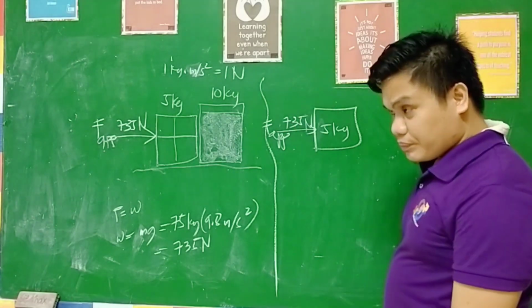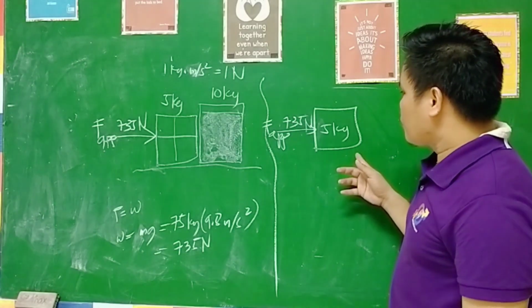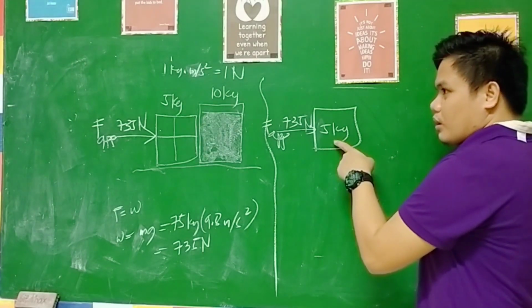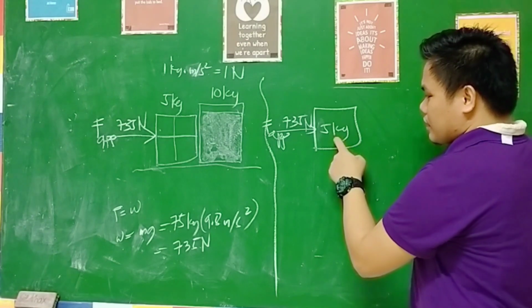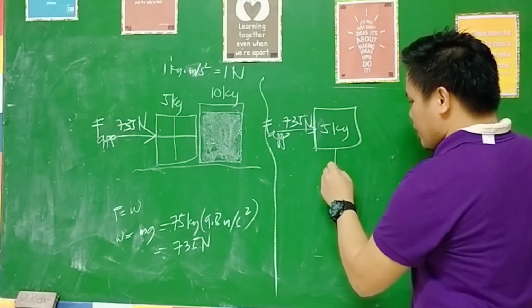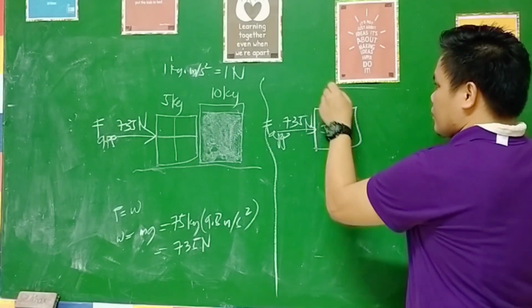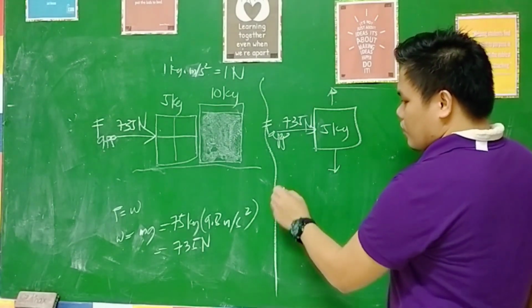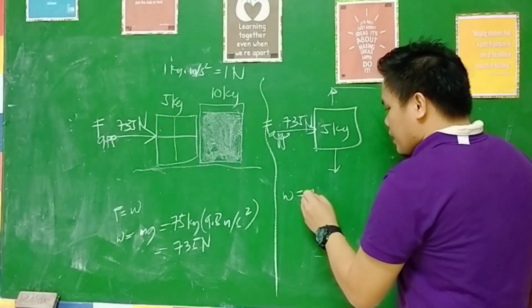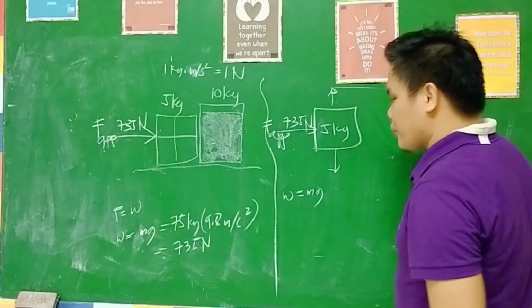And then, for us to know the force of this box, the normal force and the weight force, we will apply this formula. Weight is equals to mass times acceleration due to gravity.